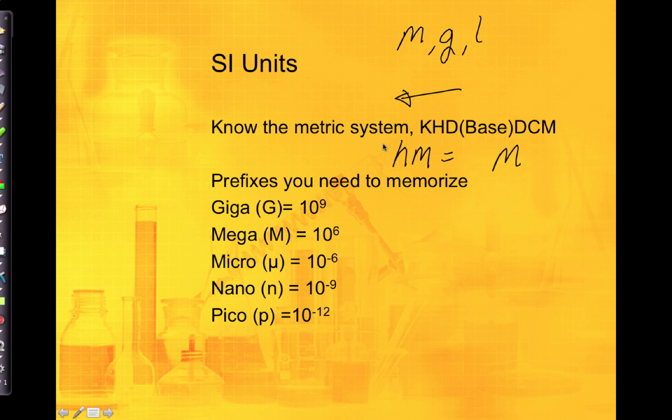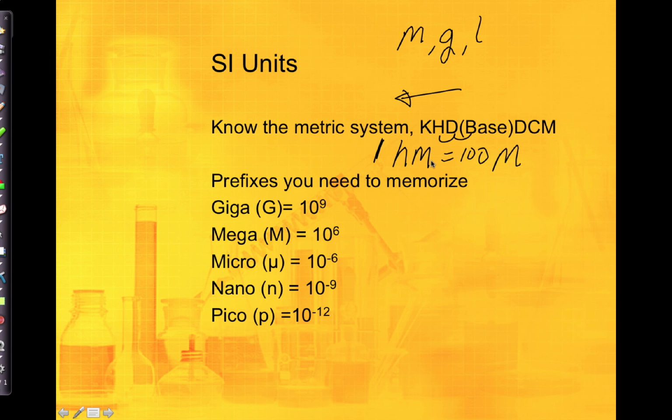So that means that one of that larger unit is equal to several of that smaller unit. Then you just count how many spaces away is that prefix from that other unit. So 1, 2. It's 2 spaces, which means it would be 2 zeros. So 1 hectometer is equal to 100 meters.